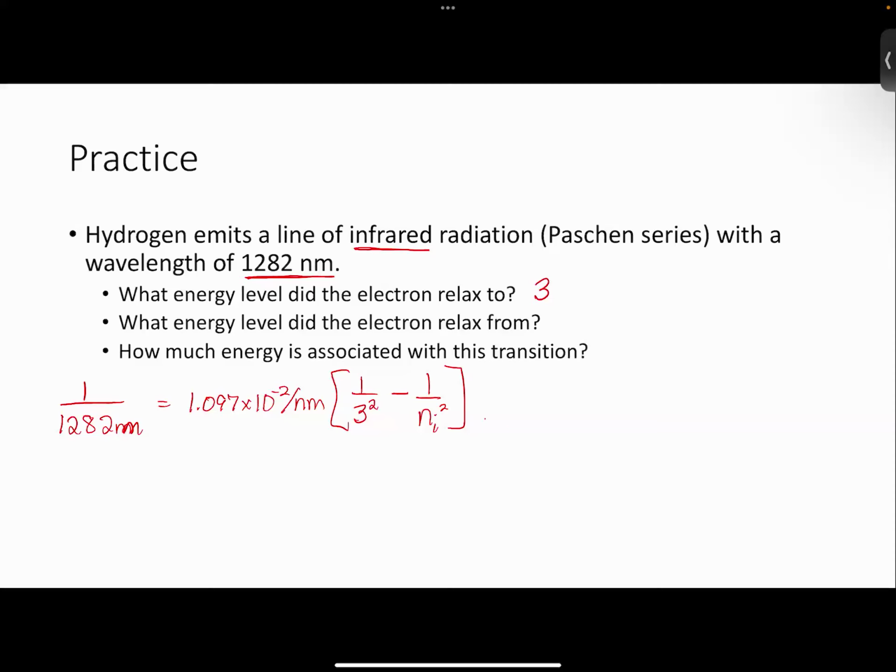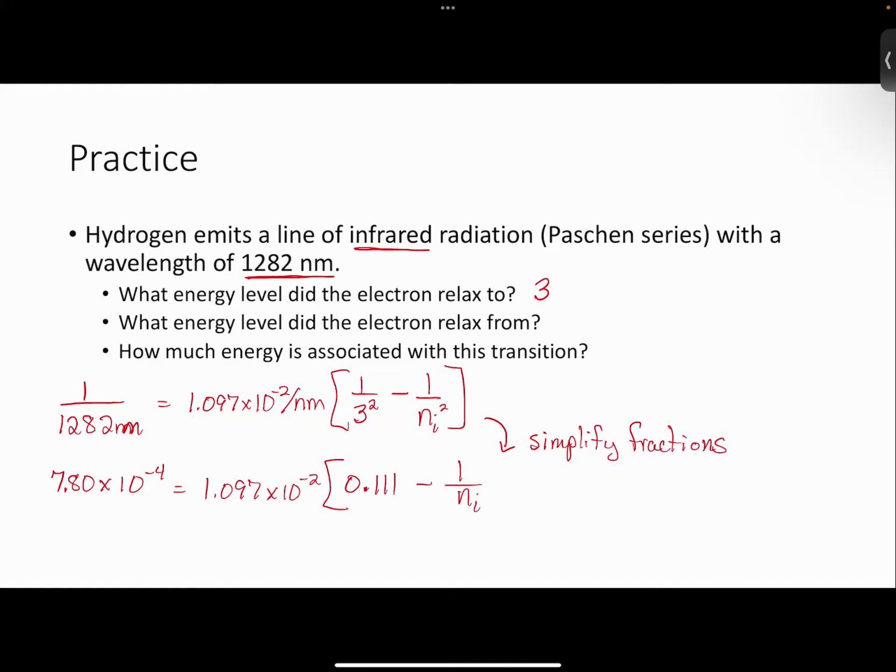The first thing I do is simplify the fractions. So 1 divided by 1282 is 7.80 times 10 to the minus 4. That equals 1.097 times 10 to the minus 2, times 1 divided by 9, which is 0.111, minus 1 over n sub i squared.